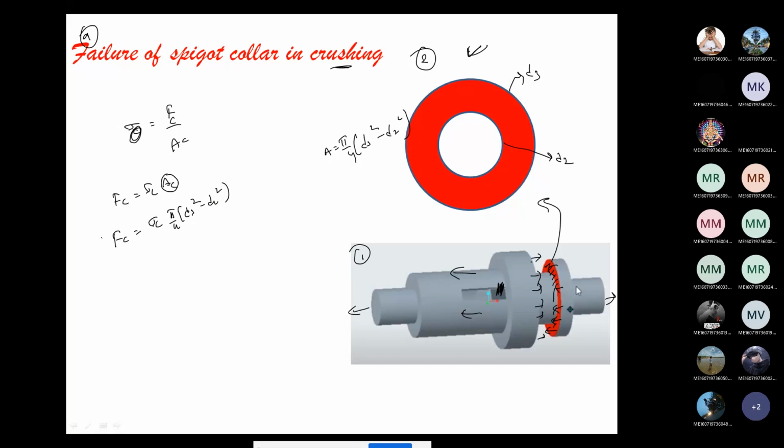This equation is called crushing resistance for the spigot collar. With this equation, I'm going to calculate the diameter of the spigot collar. The diameter of the spigot collar, that is D3, is determined in mm.